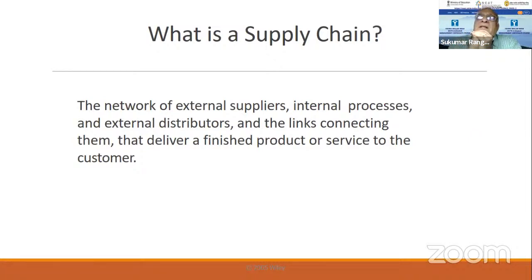Today, we hear of this word called supply chain. What do you understand by supply chain?